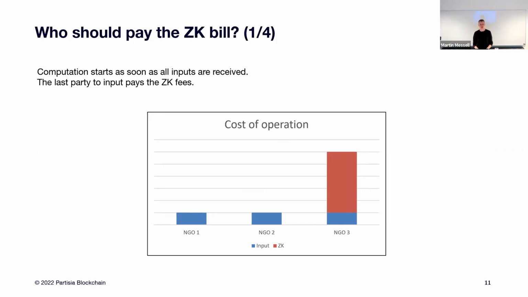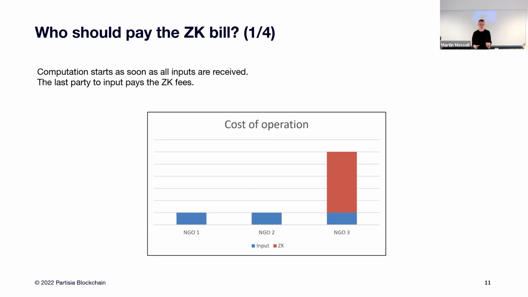Then you have to consider actually paying for this. You're working on the public blockchain, and as using any blockchain, you have to pay fees, pay gas to use it. And you can see down here the cost of operation. The input, the 3 NGOs input their IOCs, it's relatively cheap, and then the ZK computation itself is much more expensive than inputting.